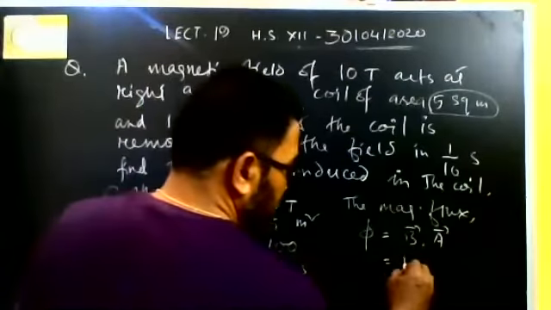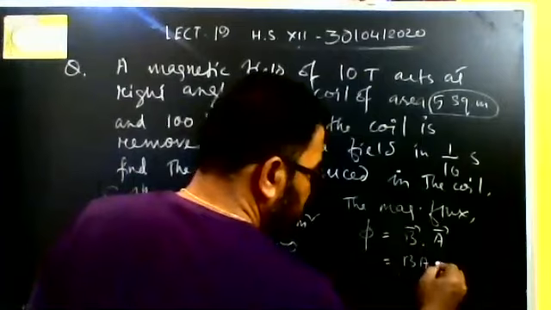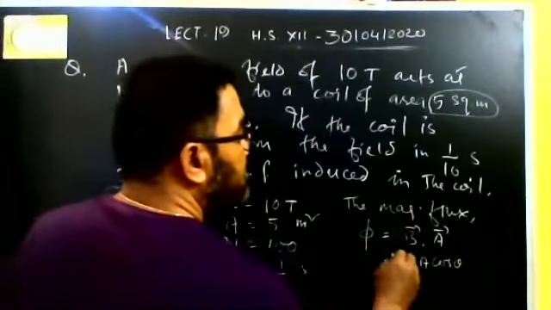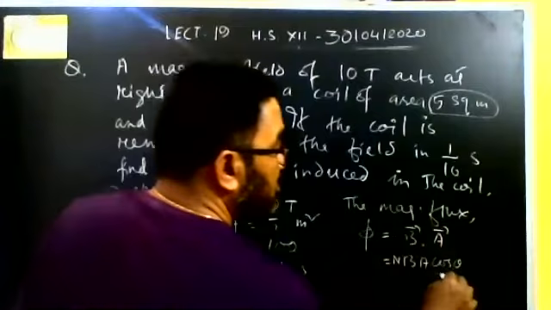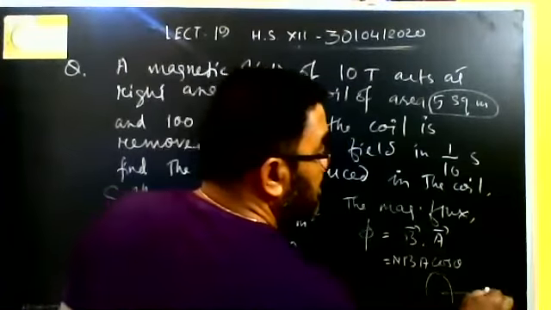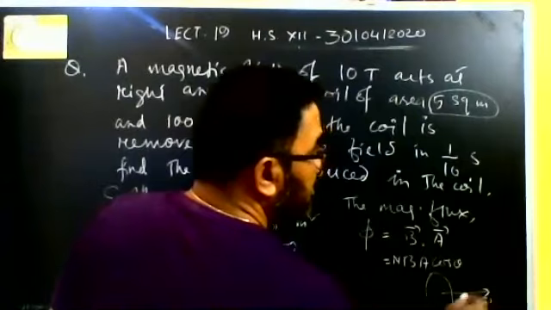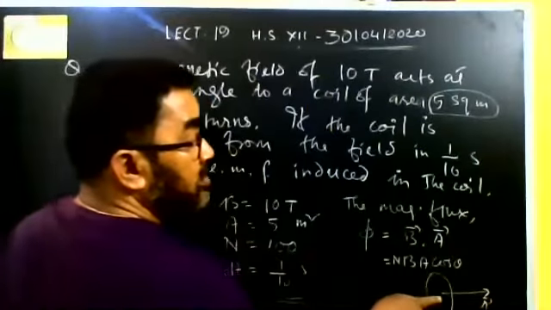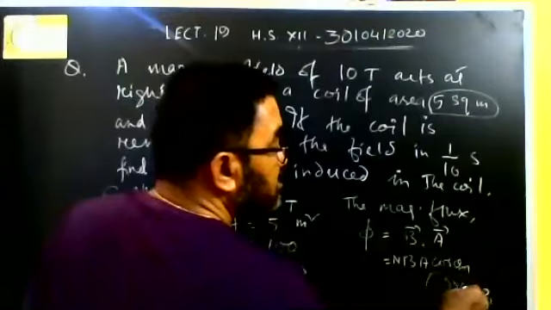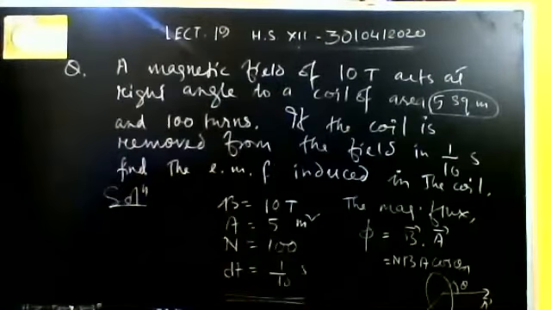So if we find the magnitude only, it is B A cos theta, and if there are n turns in the coil, suppose this is a coil, and the normal to the area of the coil indicates in this direction, the magnetic field is in this direction, so the angle is theta, right?